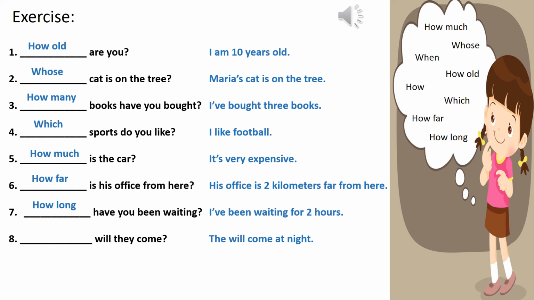They will come at night. Here, night indicates the time. So the answer is, when will they come? Number 9. Dash are you? I'm fine. Here it indicates the condition. So the answer is, how are you?